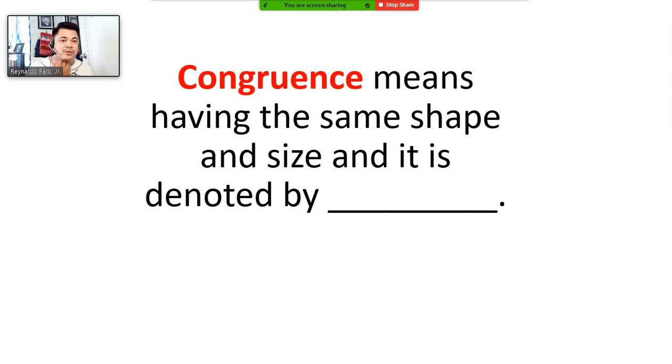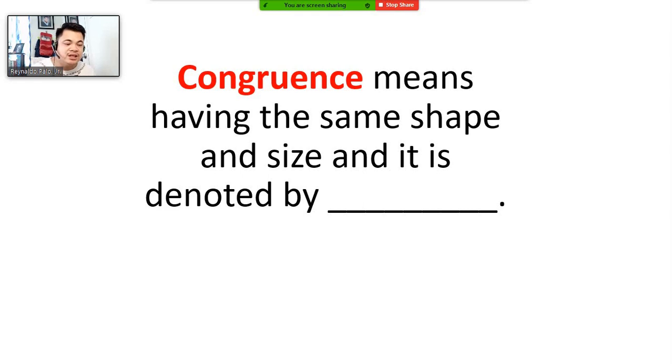We cannot use it in saying that two numbers are equal. For numbers, we use equal or equality, but when we are dealing with geometric figures with the same shape, size, and measurements, we use the term congruence or congruent.